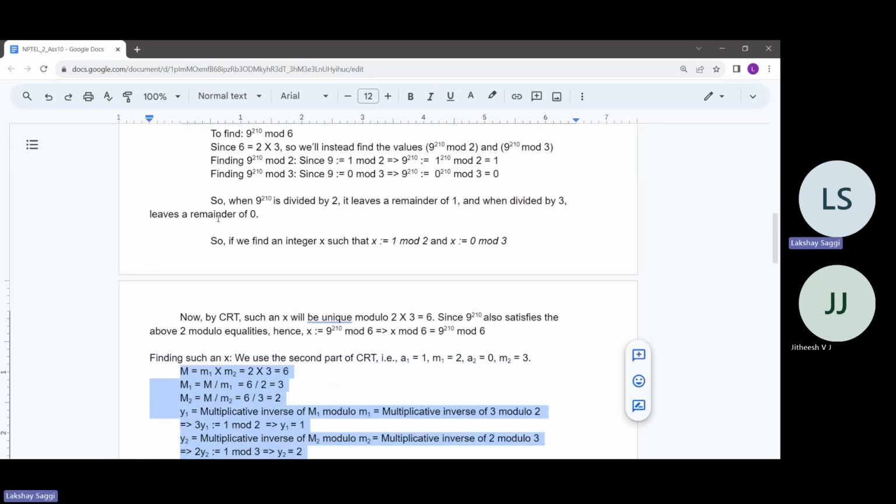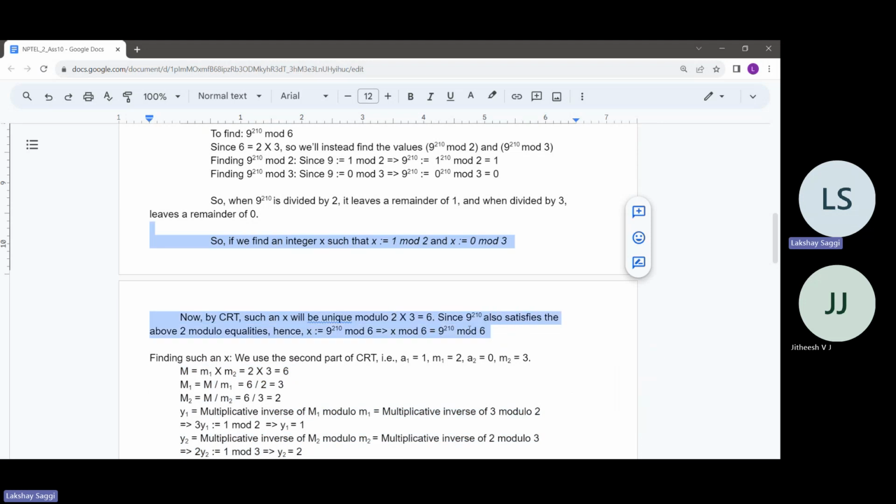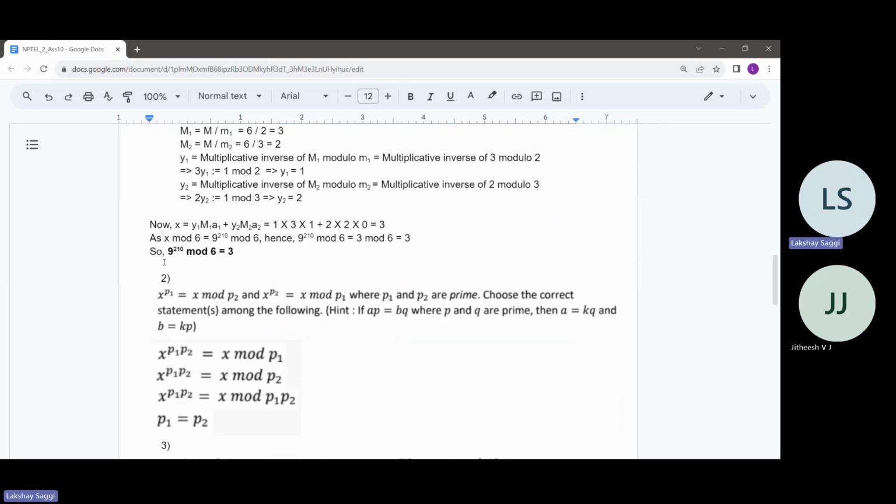The part which I was writing was just to describe the intuition of why we are doing this, but the actual stuff which needs to be done is quite simple. So I hope everyone understands this. So by this we get 9 raised to the power 210 mod 6 is actually equal to 3.